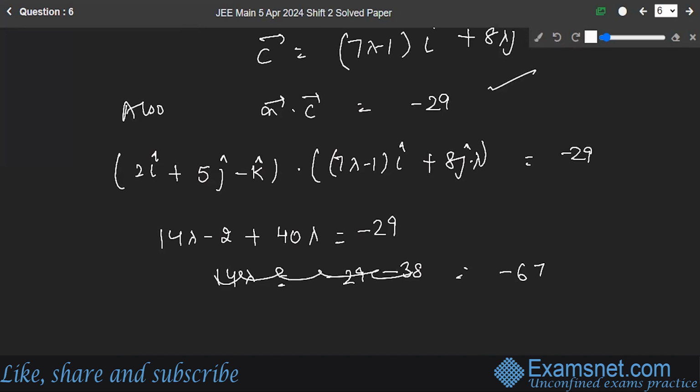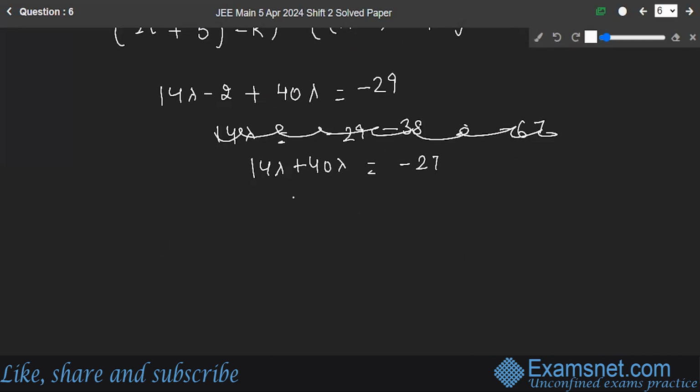So 14 lambda plus 40 lambda is equal to minus 27, or you have 54 lambda is equal to this. Or lambda will be equal to minus 1 by 2.